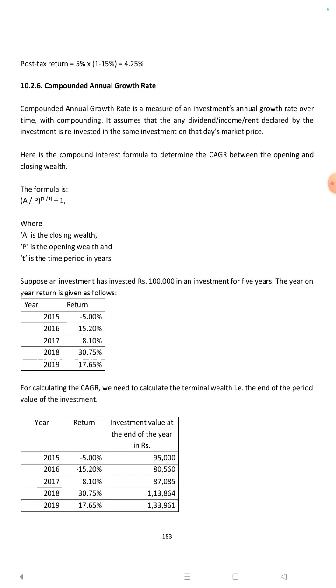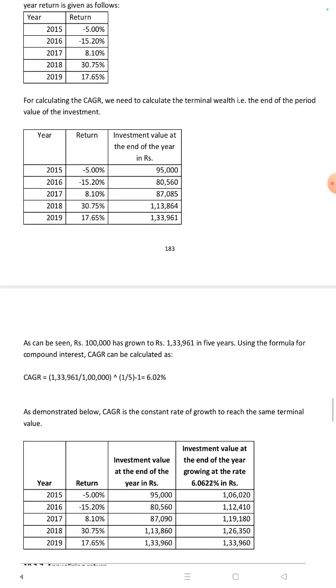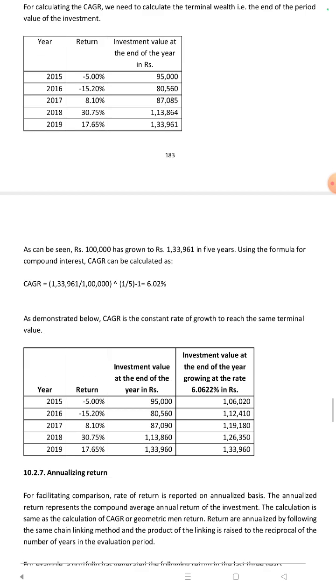Here is the compound interest formula to determine the CAGR between the opening and closing balance, where A is the closing wealth, P is the opening wealth, and n is the time period in years. Suppose the investor has invested 1 lakh in an investment for 5 years. For calculating the CAGR, we need to calculate the terminal wealth, that is the value of the investment at the end of the period.